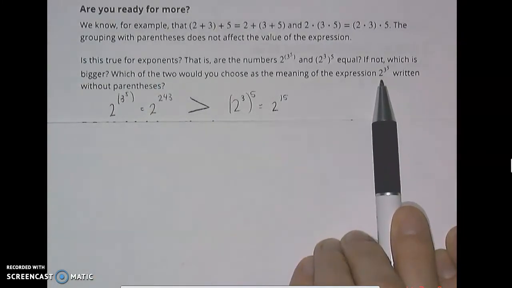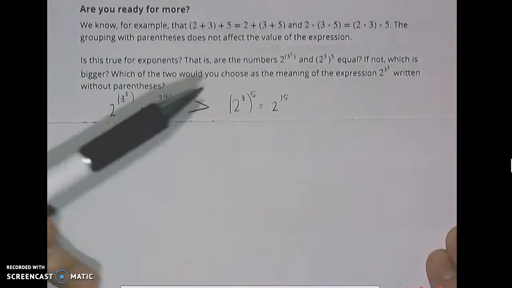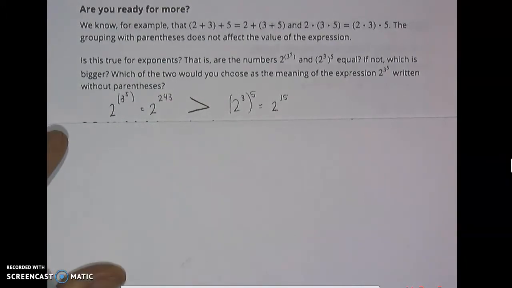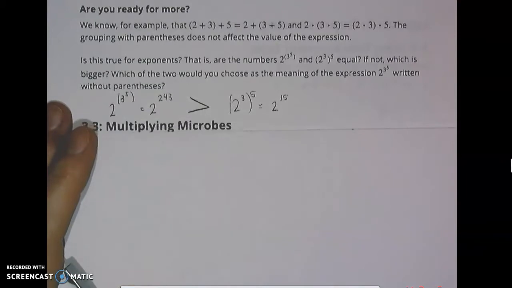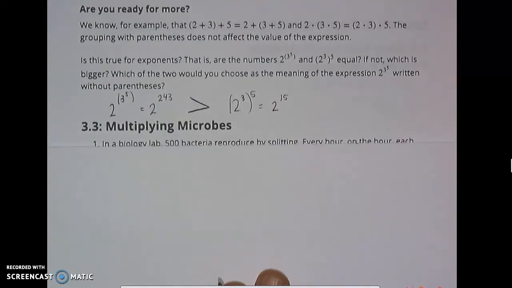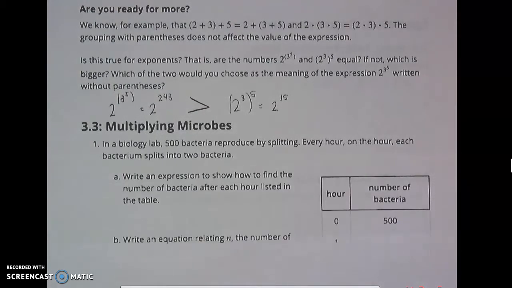So since there are no parentheses, it actually would be this over here. Most of the time, though, you're going to see some sort of parentheses with those to give you that context clue of what makes sense, because obviously these are two very different questions to be dealing with. All right, so next question here.